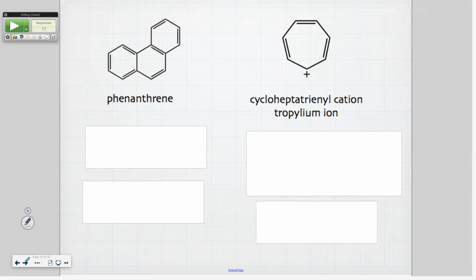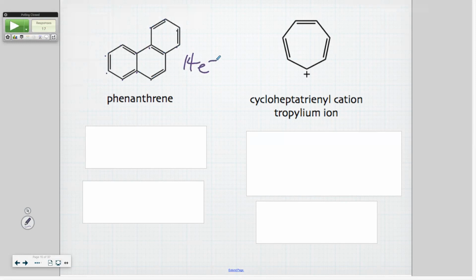Okay, first of all, is every carbon sp2 hybridized? Yeah. All right, what else do we need? Okay, so how many? 1, 2, 3, 4, 5, 6, 7, 8, 9, 10, 11, 12, 13, 14.